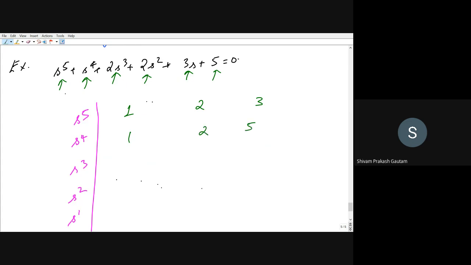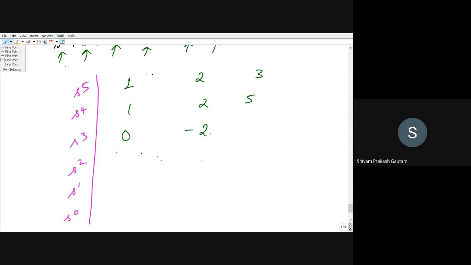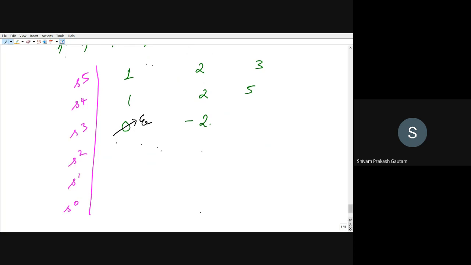Now you can directly calculate this: this term will come out to be 0 and this term will come out to be -2. Here you have to replace this 0 by a small positive number. Let us say that small positive number is zeta, and zeta is tending to 0 positive. Now you continue building the rest of the rows. This will become 2 zeta.